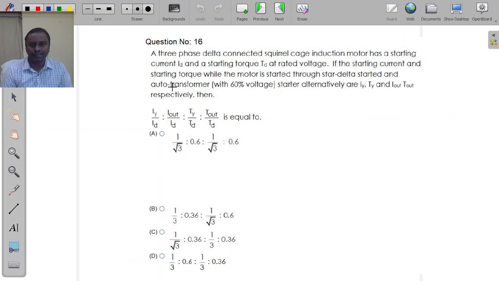If the starting current and starting torque while the motor is started through star delta and auto transformer with 60% voltage tap are, respectively, starting current of star delta starter IY and corresponding starting torque TY, and auto transformer starting current I out and auto transformer starting torque T out, then what is the ratio of IY by ID, I out by ID, TY by TD, T out by TD equal to?